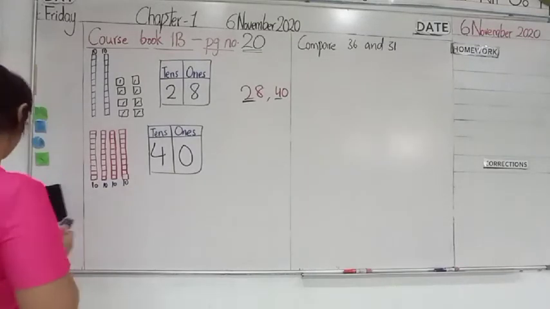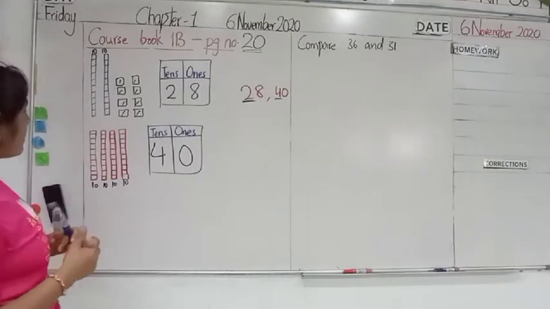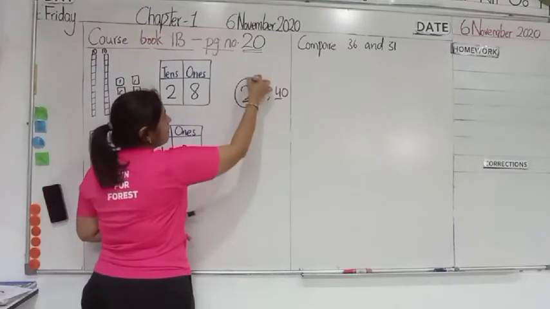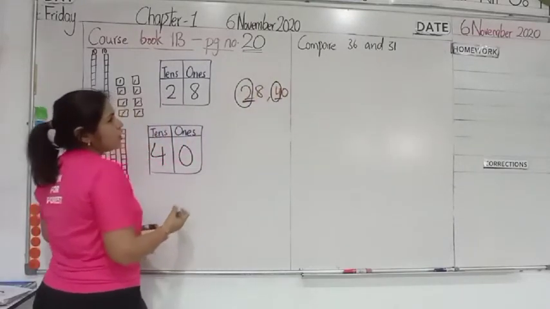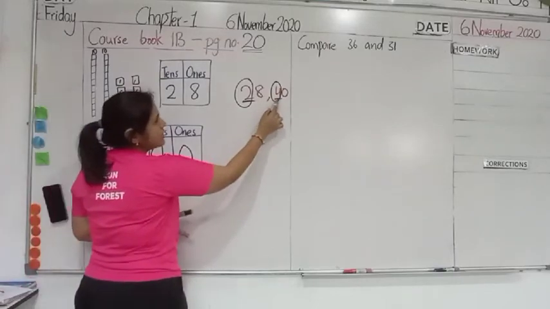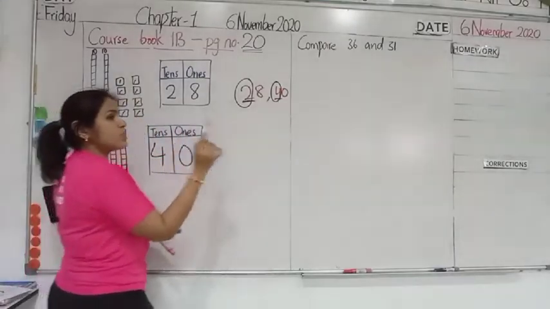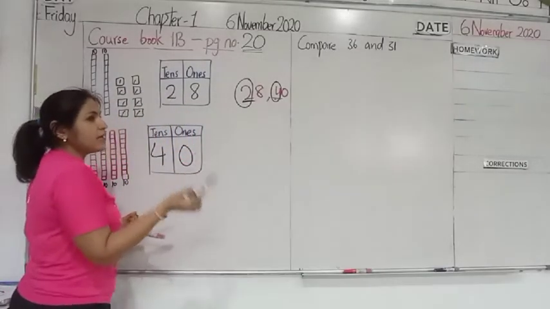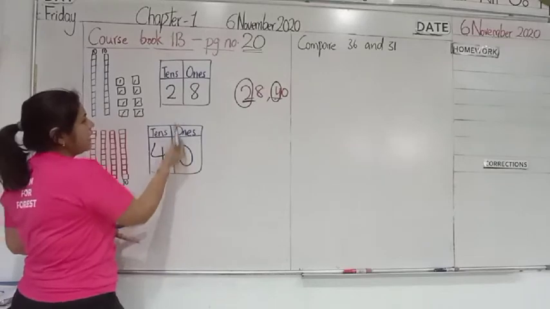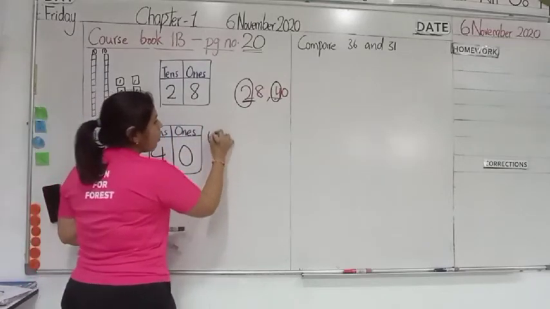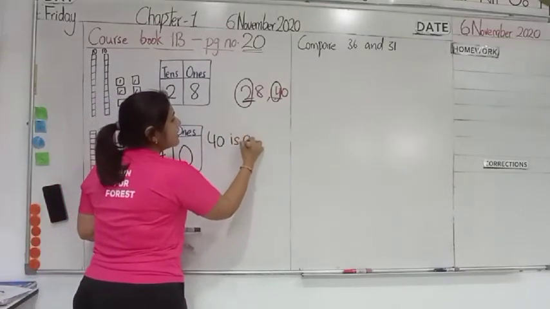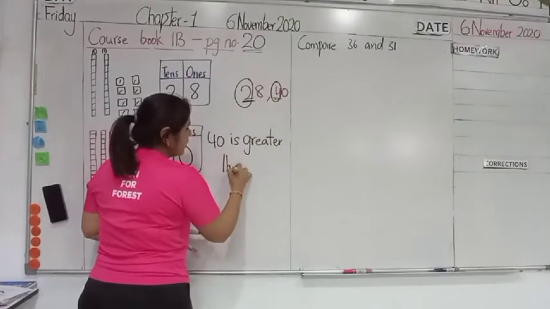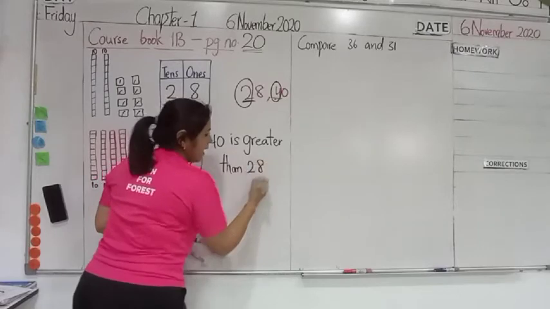David says we should first compare the tens place. We have to compare the number in the tens place. So definitely 4 is the bigger number. The number which has the bigger digit in the tens place would be greater. So 40 is greater than 28.